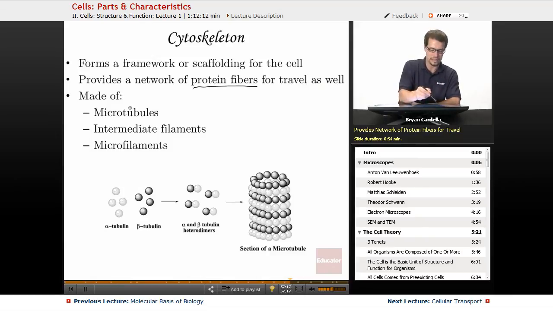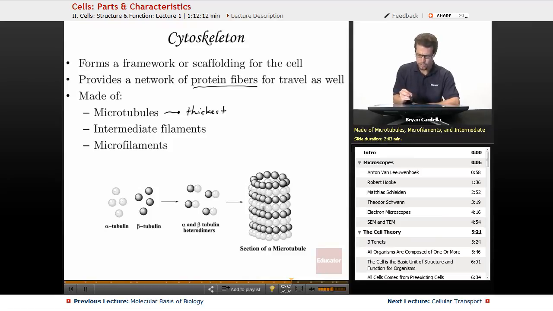This cytoskeleton is made of major roads, some smaller roads, and then the little tiny roads that connect houses in a neighborhood. So the major highways or the thickest units are microtubules. These are the thickest of these protein rods by far. This is how a microtubule is built.